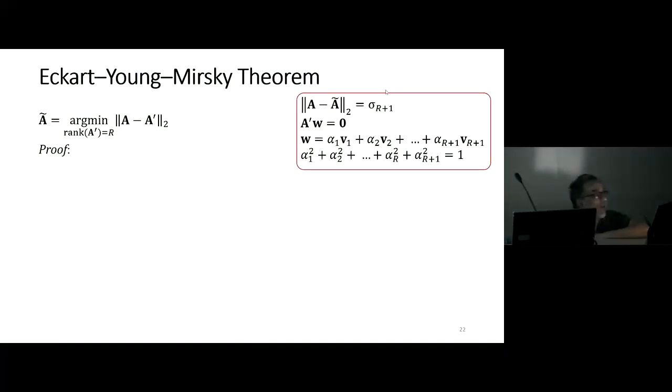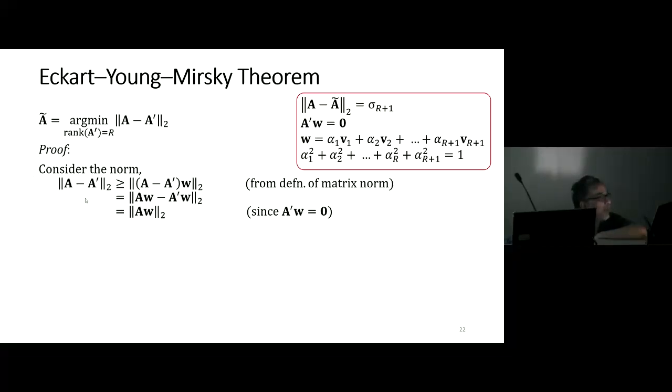We've seen that. Okay, so this is what we concluded from the previous slide, not this slide, but the one before that. So we continue on with the proof. Now, the L2 norm of A minus A prime is always, by definition, less than or equal to the L2 norm of A minus A prime times W, by definition of a matrix norm. So what's the definition of the matrix norm?